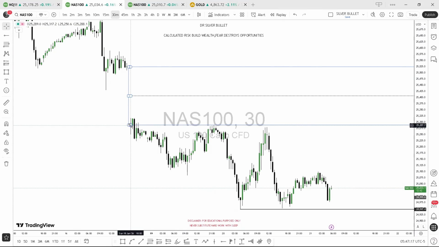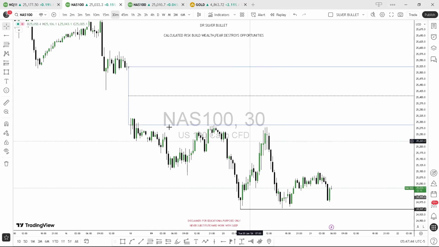So price will come back to this gap. As we said before, we don't want to see the market leave some void, some open space.